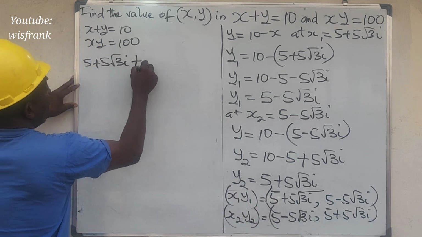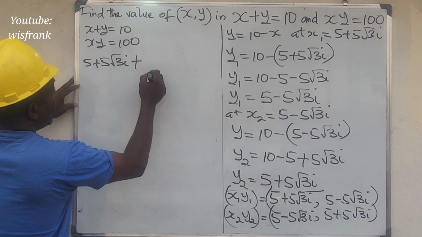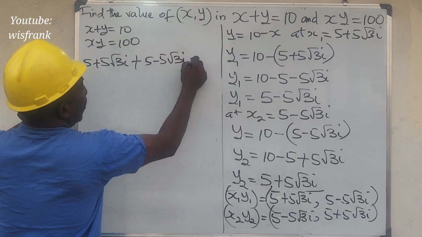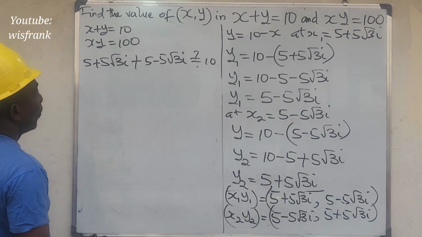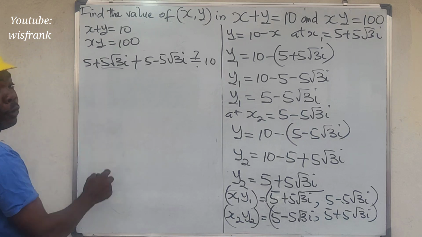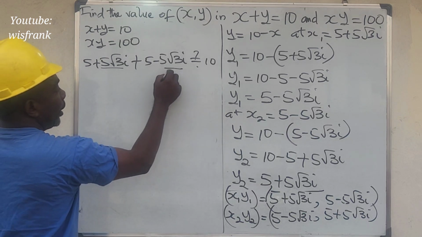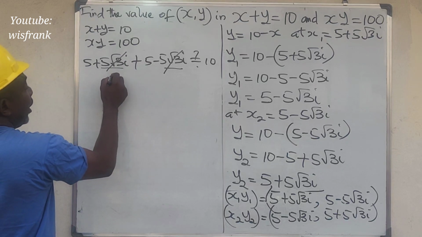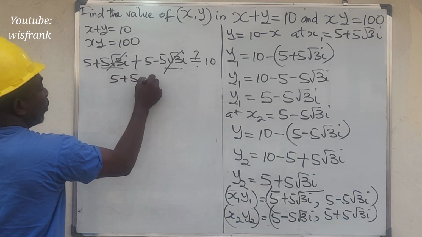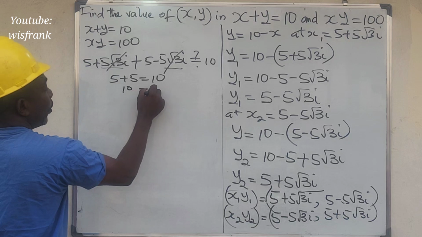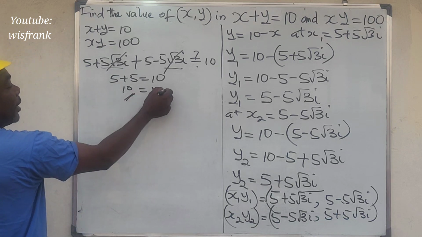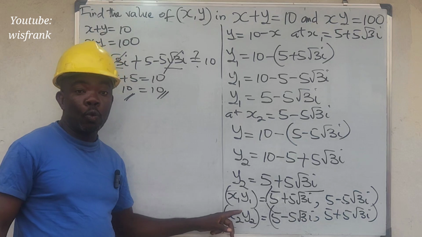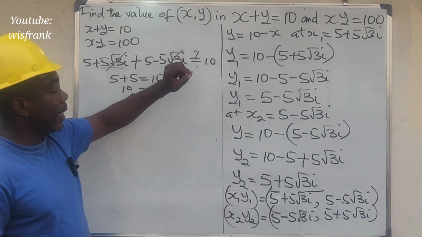And also plus y1, which is 5 minus 5 root 3i. Will this equal 10? We can see that we have 5 root 3i here and minus 5 root 3i. They will cancel each other. We are now left with 5 plus 5. Therefore, 5 plus 5 equals 10. 10 equals 10. What we have on the left hand side is what we have on the right hand side. Therefore, the values of x1, y1 satisfy this expression.